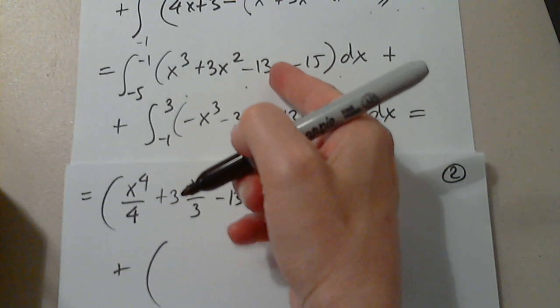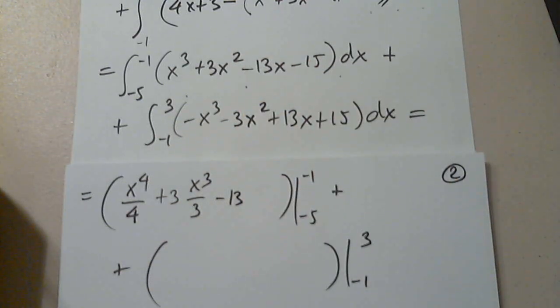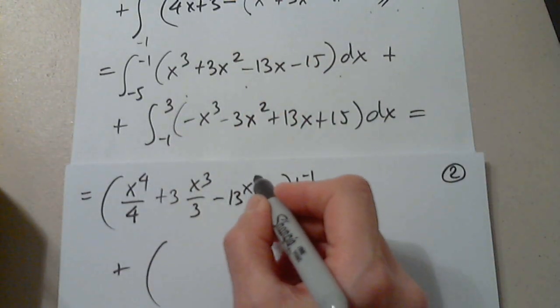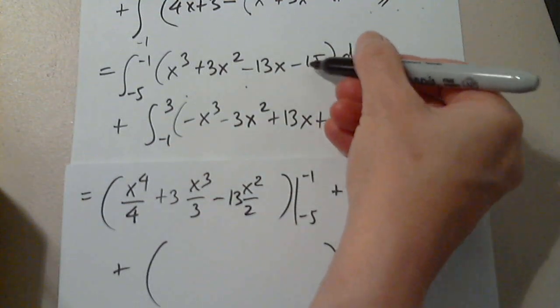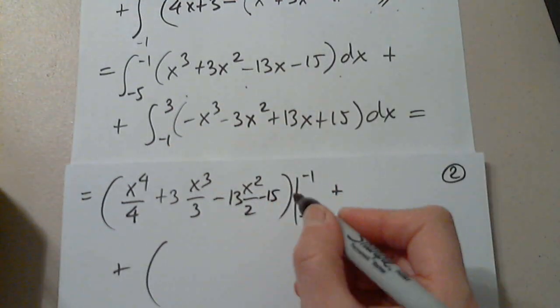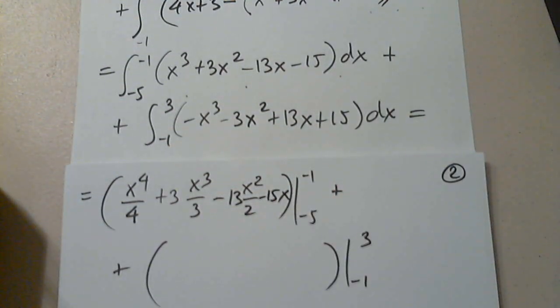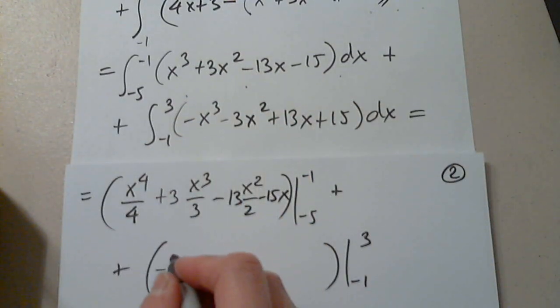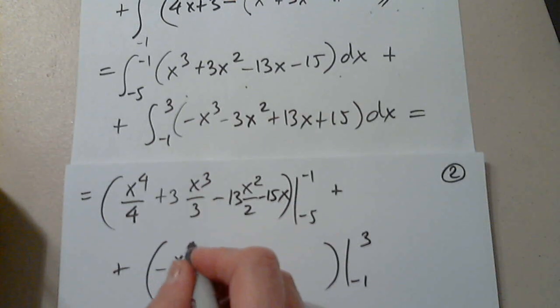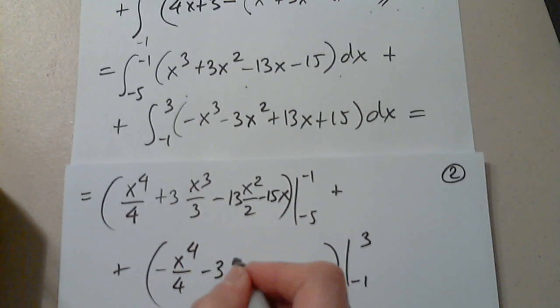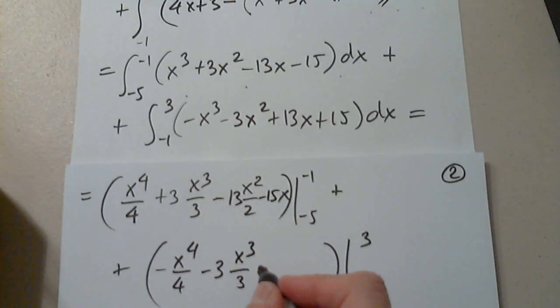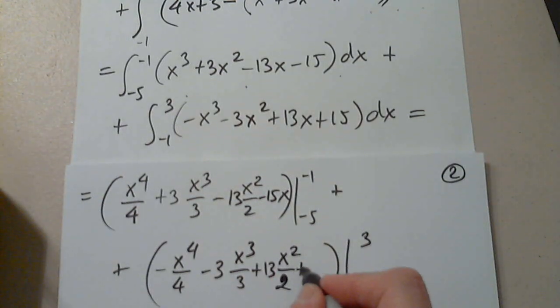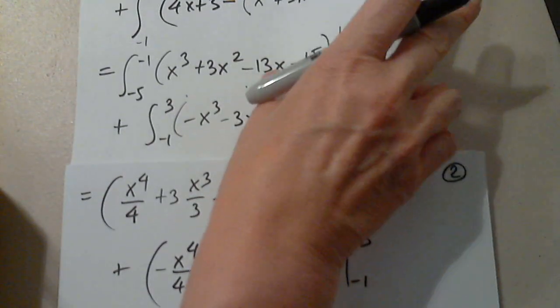Which function prime is x? X squared over 2. Very good. Which function prime is negative 15? 15x. That's it. Done. The same thing here. Same answers, different symbols, different signs. X to the 4th over 4 minus 3x cubed over 3 plus 13x squared over 2 and plus 15x. Excellent.